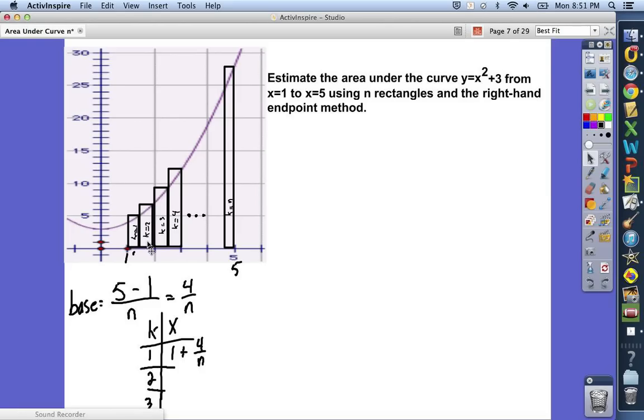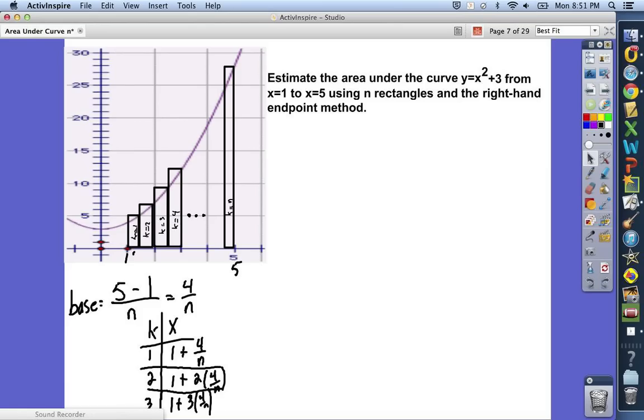To use the height of the second rectangle, you have to move over from x equals 1 two widths, and right over there is the height that you should be looking for. So that would be 1 plus 2 times 4 over n, and for the third rectangle it would be 3 widths, 1 plus 3 times 4 over n.